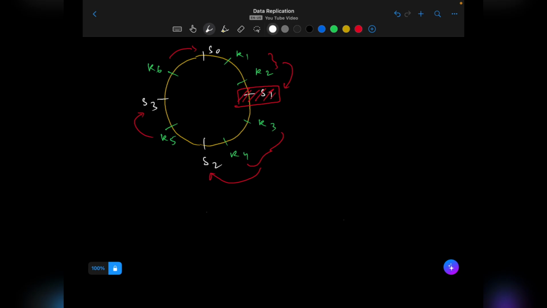And the client wants to fetch some data for the corresponding key 2. As you have learned earlier, if the server is down, we need to perform a data movement. However, the amount of data movement is reduced, but there is still some latency involved in this data movement.